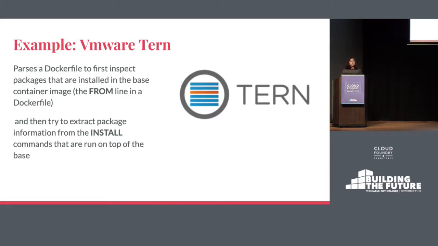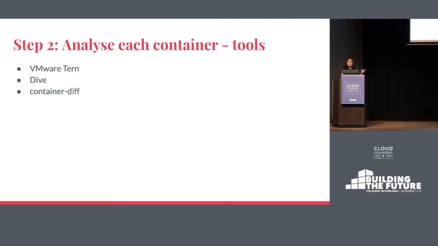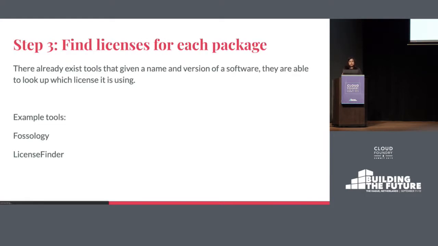It mounts the Docker file that you have, and then it tries to get the packages from the base image and then inspects each of the install commands to know what's installed on your Docker file. Another example was Dive, which actually gives you a nice UI for inspecting your Docker file as well. So these are some examples you can use to analyze your Docker container.